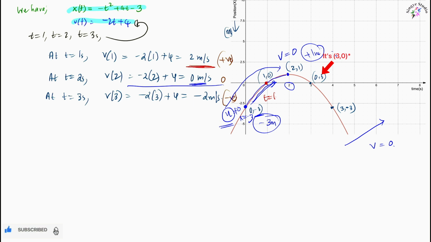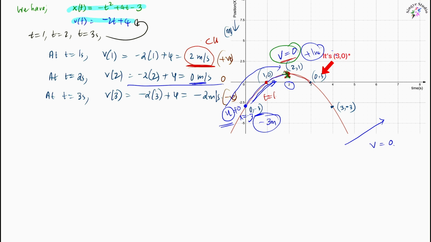So the value is positive here, but it will be lesser than the u value because the velocity will keep decreasing until it reaches the maximum point where the final velocity becomes 0, which means the particle is momentarily at rest.